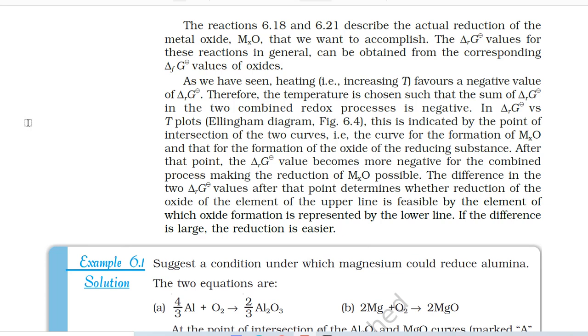The difference in the two ΔrG° values after that point determines whether reduction of the oxide of the element of the upper line is feasible by the element of which oxide formation is represented by the lower line. If the difference is large, the reduction is easier.